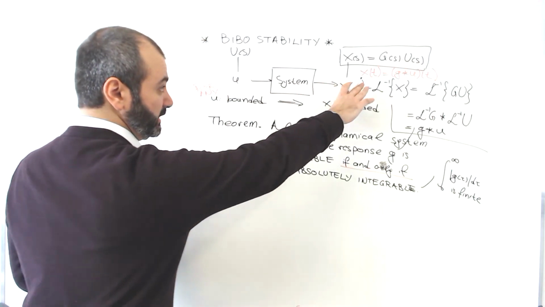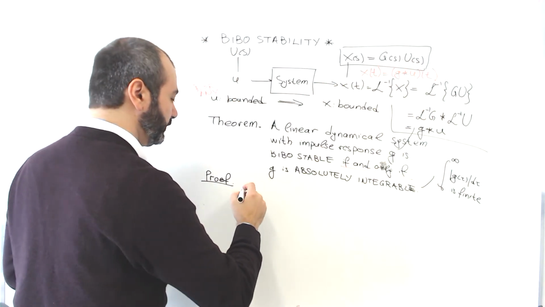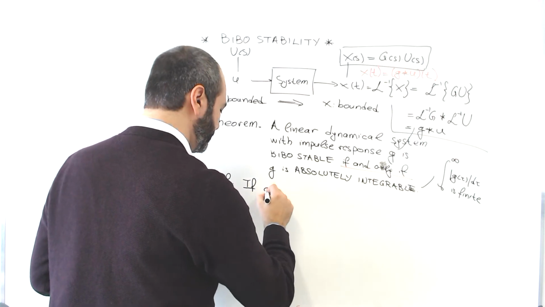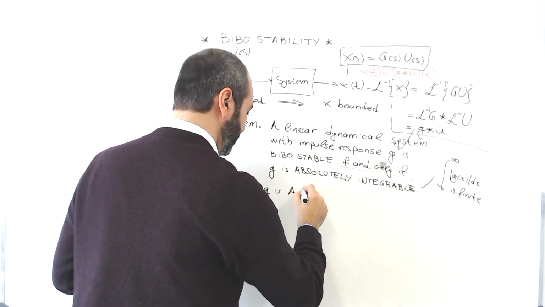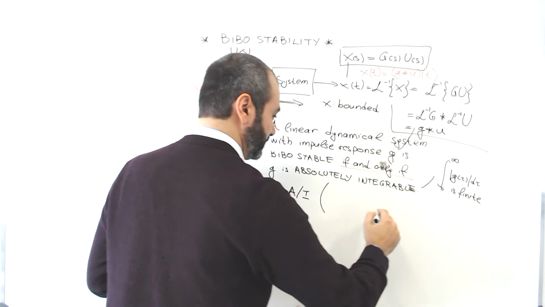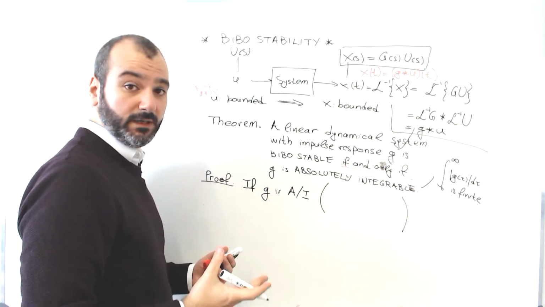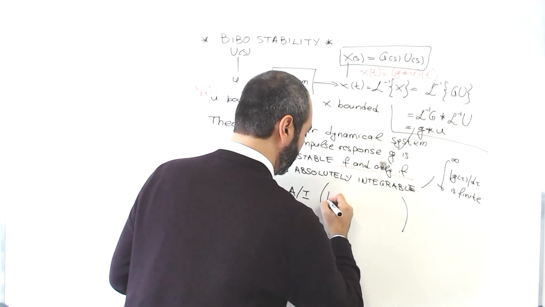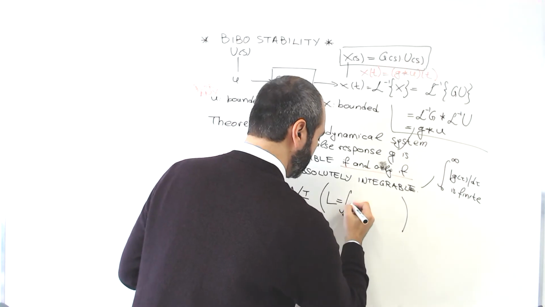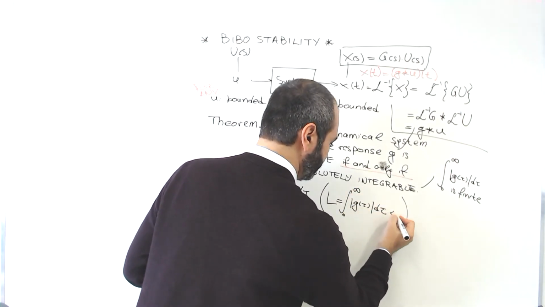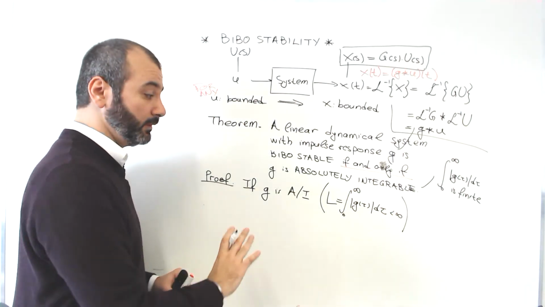And we can use this very simple equation here to prove that if g is absolutely integrable, again, what does it mean? It means that there is a number, let's call it L uppercase, which is equal to the integral of the absolute value of g, and this is not equal to infinity.